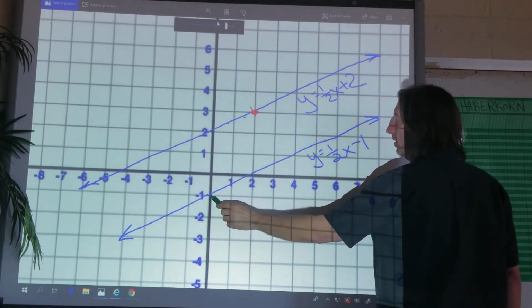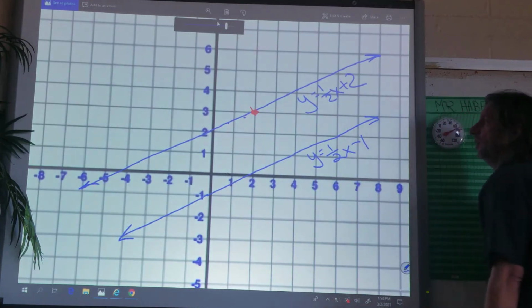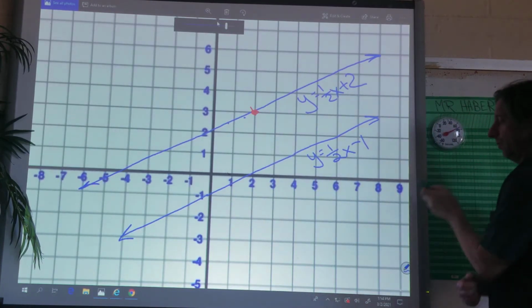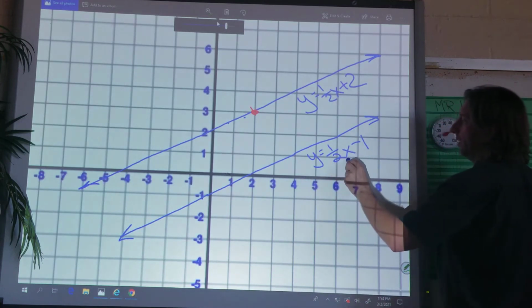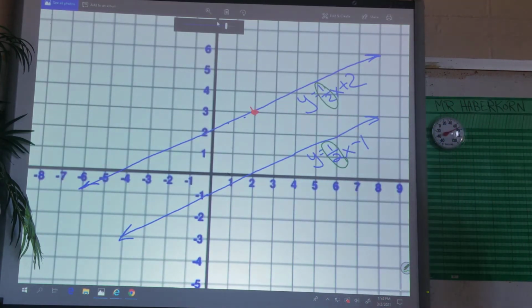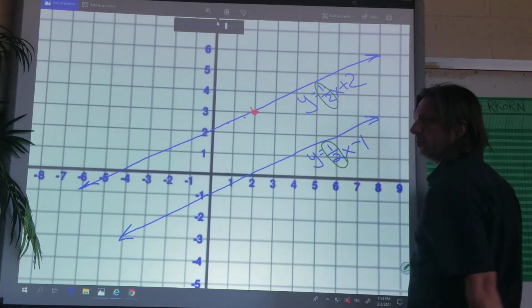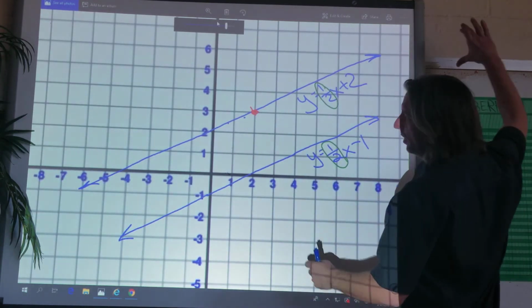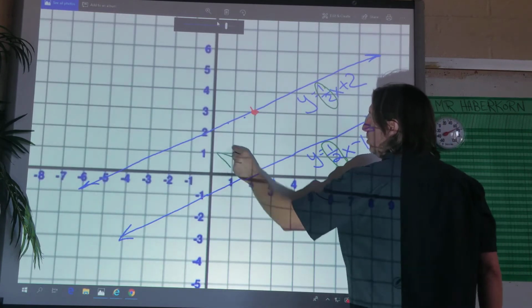Y-intercept is negative 1, and then up 1 over 2, up 1 over 2. So they have the same slope. Look right here, I'll circle it in green. Slope is 1/2 and the slope is 1/2. When this happens, there's no place where those two lines will ever cross. They go forever in both directions, but there is no solution.